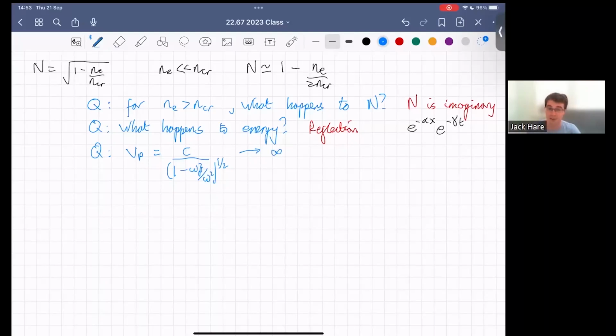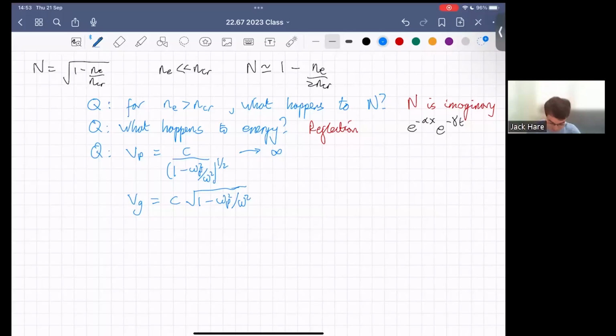Those things don't seem very physical, of course, because we don't want things traveling faster than the speed of light. Fortunately, this isn't a big problem because the phase velocity doesn't carry any information, and our limitations on things going faster than the speed of light are to do with information. The information is encoded in a quantity called the group velocity, which is c times the square root of 1 minus omega p squared upon omega squared.